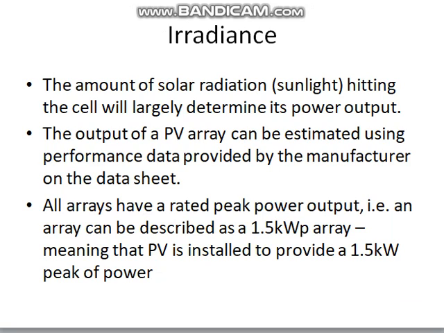Normally 1000 watts per meter square is the standard testing condition. If we take a solar panel, the rating of the solar panel will be in kilowatts or watts peak. Say we are going for a 1.5 kilowatt peak array. That means the array will provide peak power at 1000 watts per meter square sunlight.